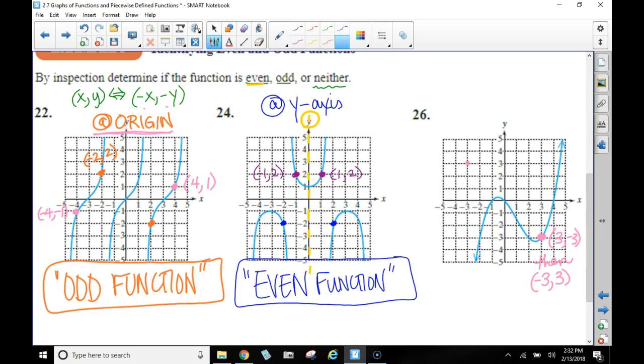And -3, +3 is up here, and that's not on our graph. So this is also not symmetric about the origin. This one has none of those symmetries, no symmetry, and so we say that this is neither even nor odd.